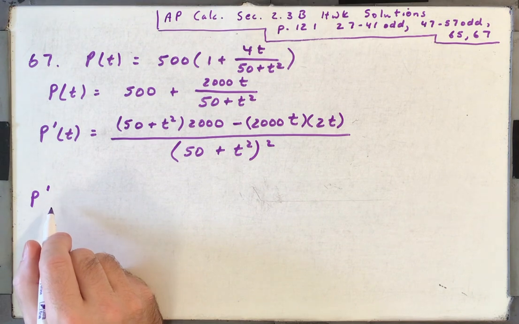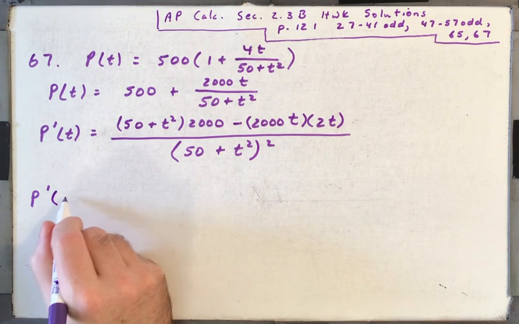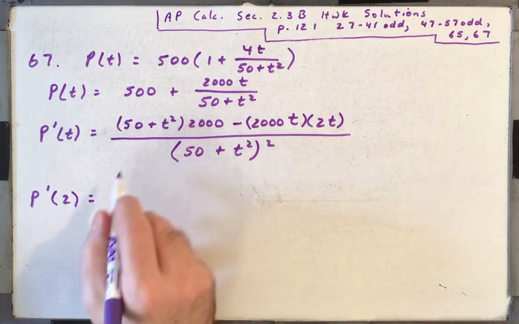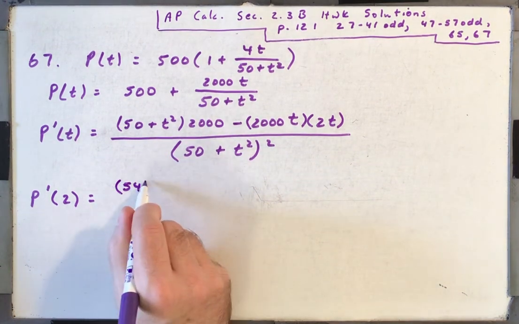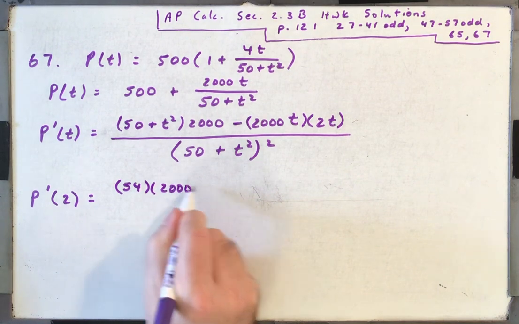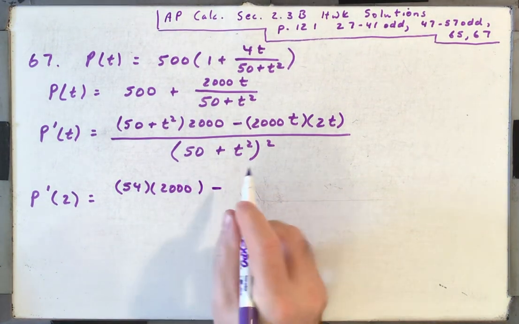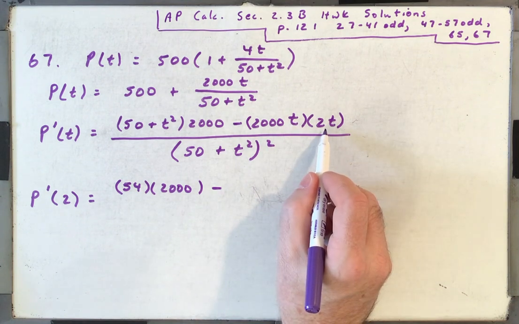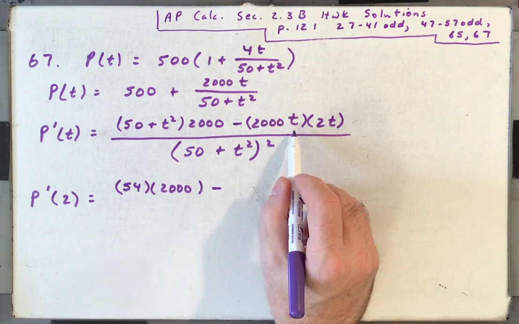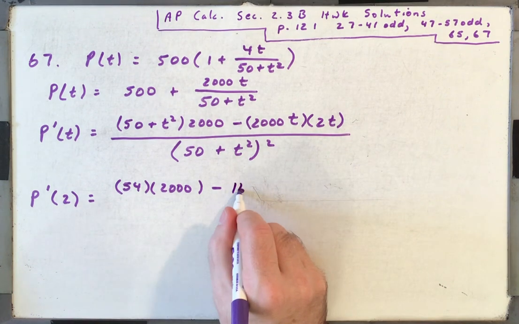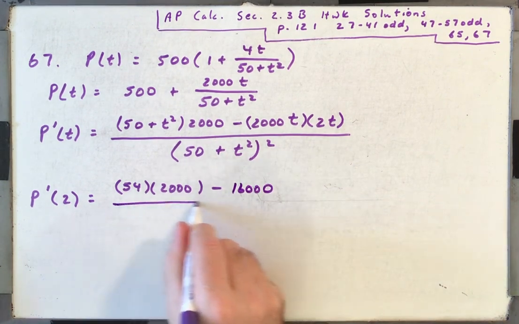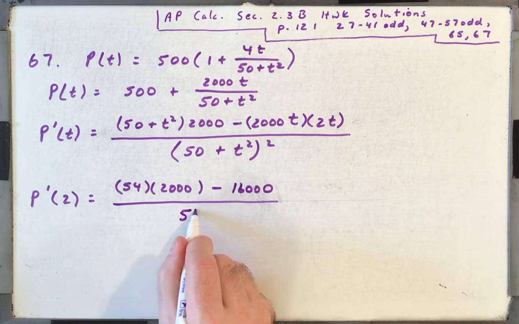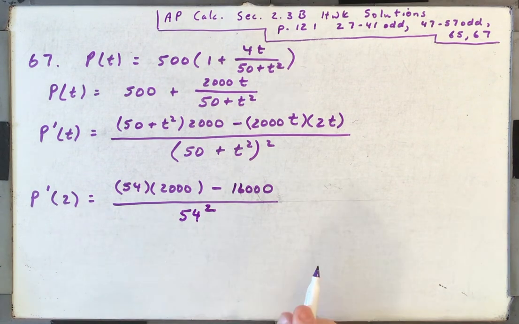So what are we plugging in? We want to find the rate the population is growing at 2. So that's 50 plus 2 squared, that'd be 54 times 2,000 minus, okay, that's going to be 4,000 times 4. So minus 16,000 over 54 squared.